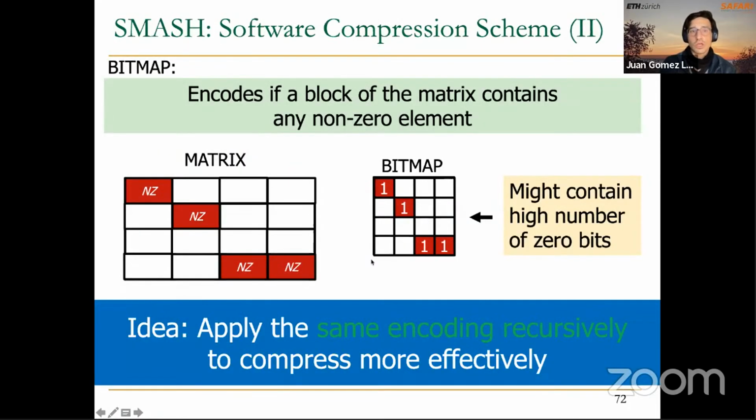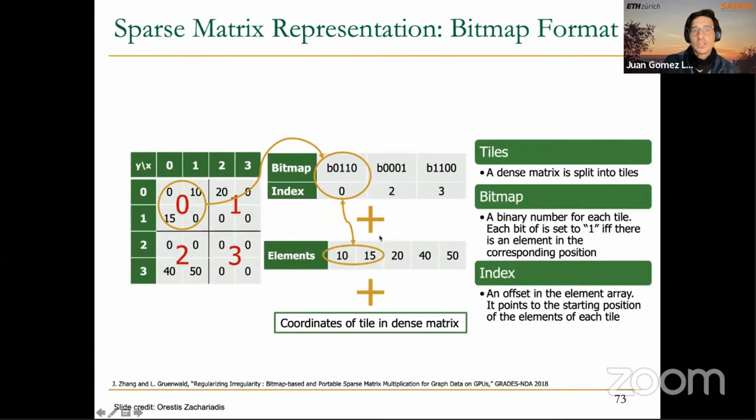And we have also just discussed the SMASH compression format, where instead of storing individual elements next to each other, we store these non-zero blocks that contain at least one non-zero element, and then we index the blocks by using the bits in the bitmap. Now, in T-sparse, we are also going to use a bitmap format, but as you will see, this bitmap format is different from the bitmap format in SMASH.